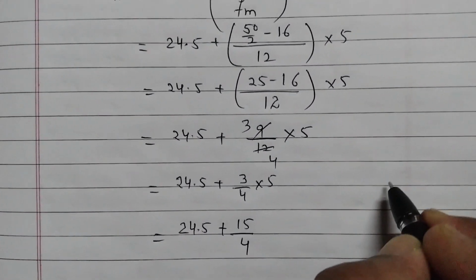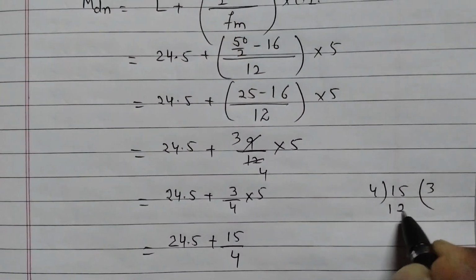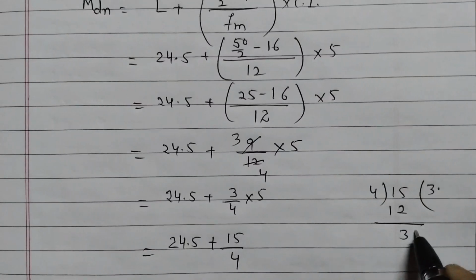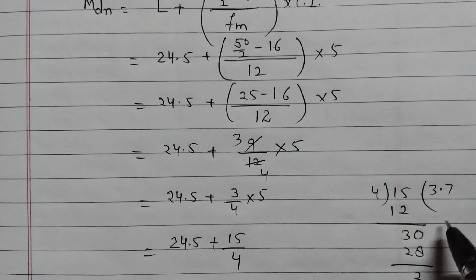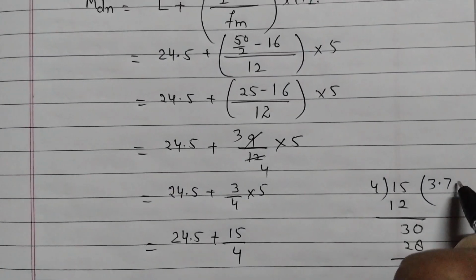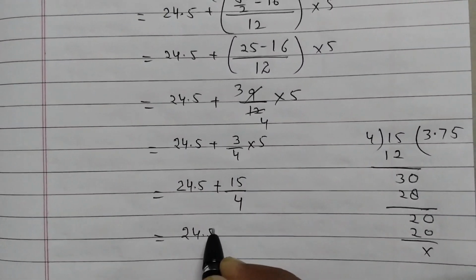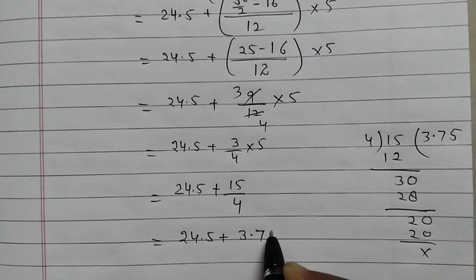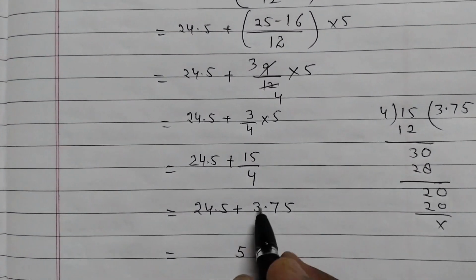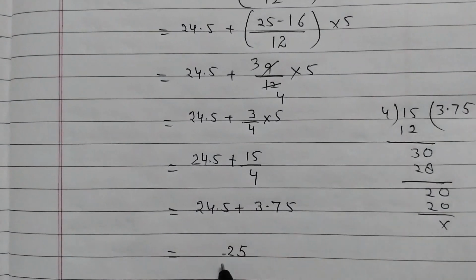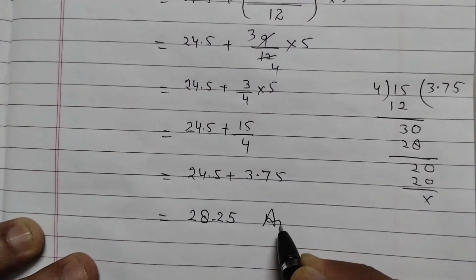And 15 divided by 4: 4 3s are 12, remainder is 3, put decimal, put 0 here. 4 7s are 28, remainder is 2, putting 0. 4 5s are 20. So this value is equal to 24.5 plus 3.75. Adding these two, we have 5 plus 7 is 12, carry 1, 4 plus 4 is 8, and 2, giving 28.25. So this is the required median.